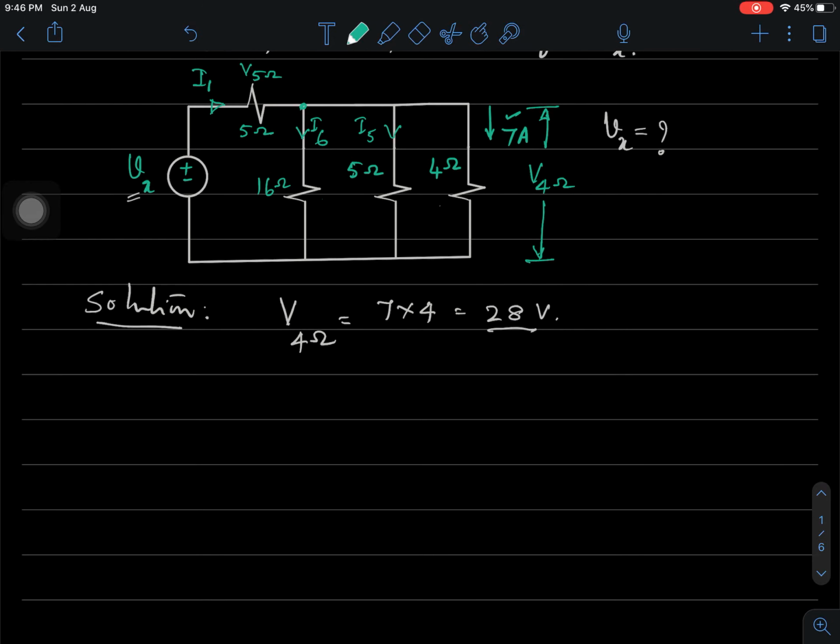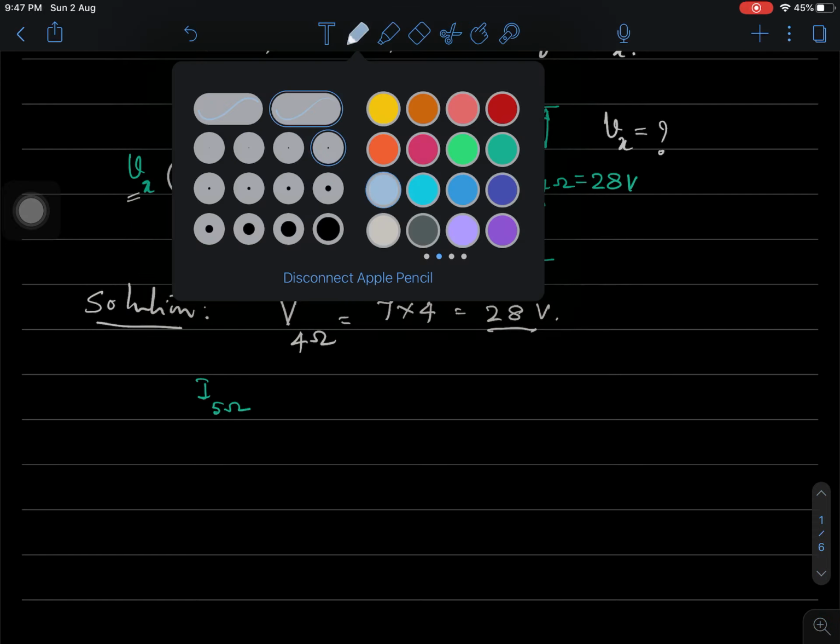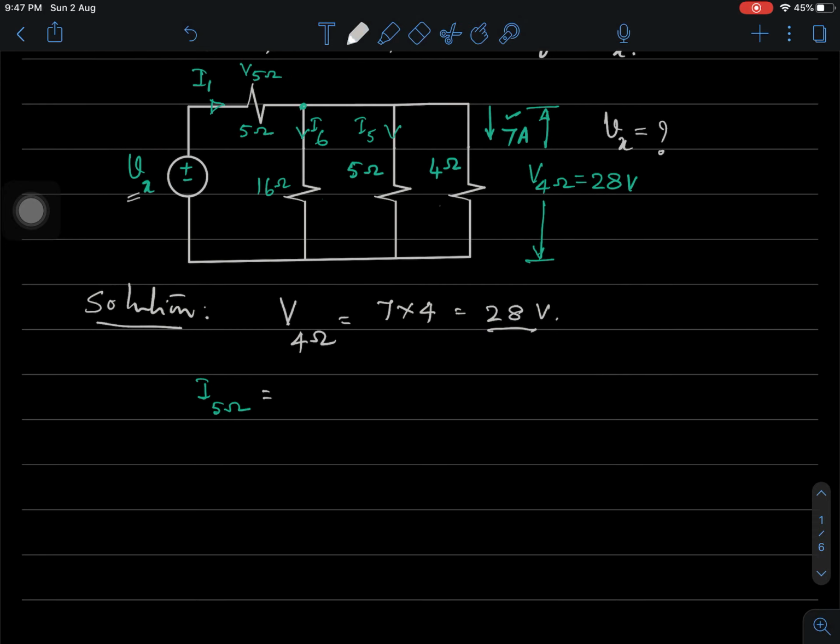Having found this voltage of 28 volts across this 4 ohm, I can even get the current I5. I suffix 5 ohms is obviously equal to the voltage across 5 ohms, that is 28 divided by 5.